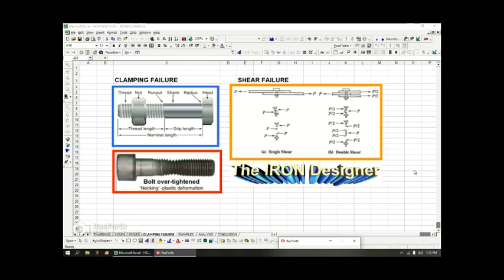In the orange box, we see two different types of shear failure. You have in the upper left corner the single plane shear failure. In the upper right corner, you have the double plane shear failure. But as I mentioned in the previous slide, you could even have triple plane shear failure.